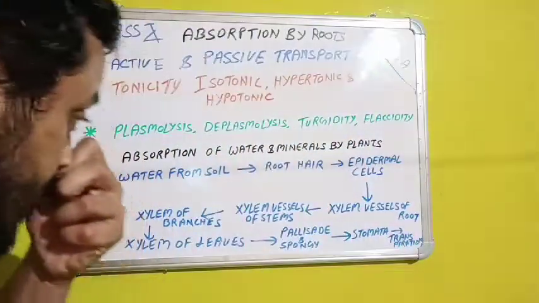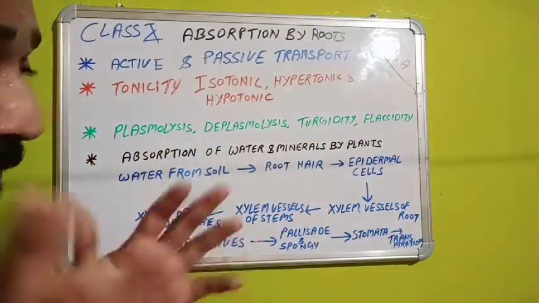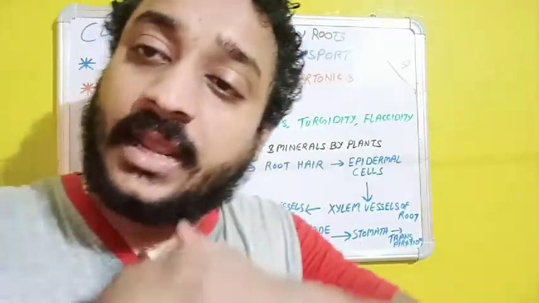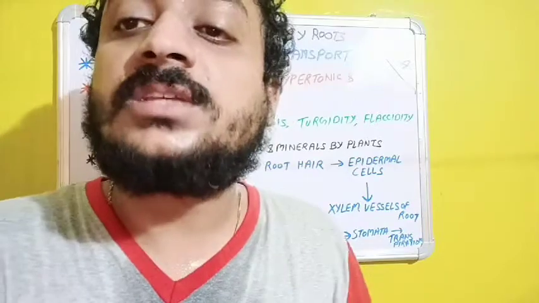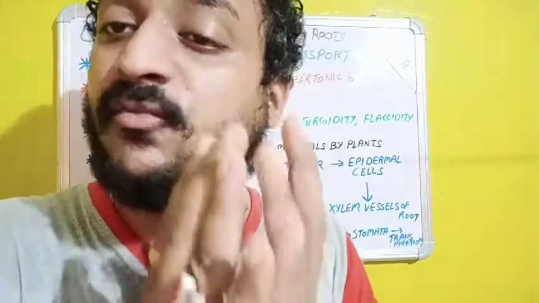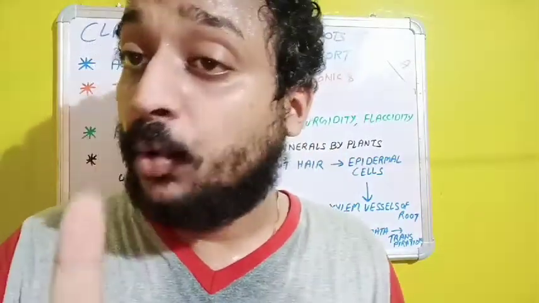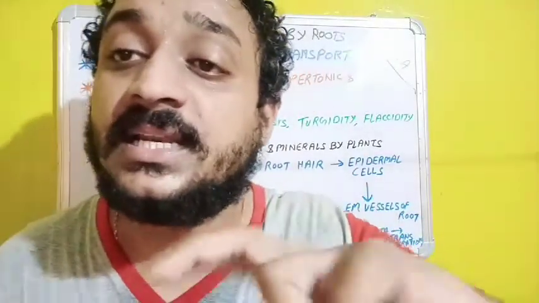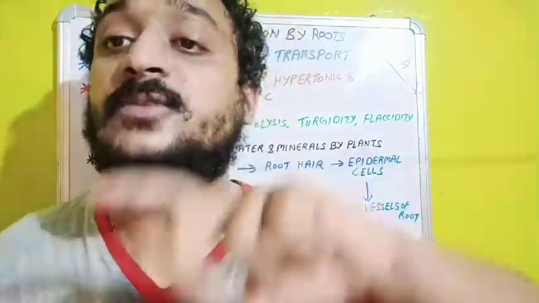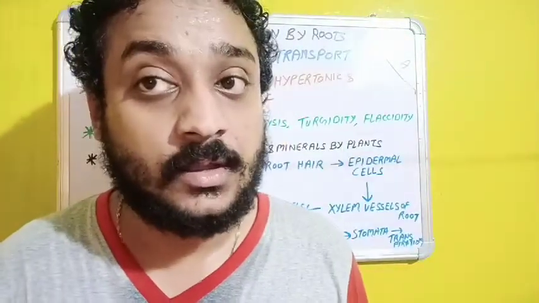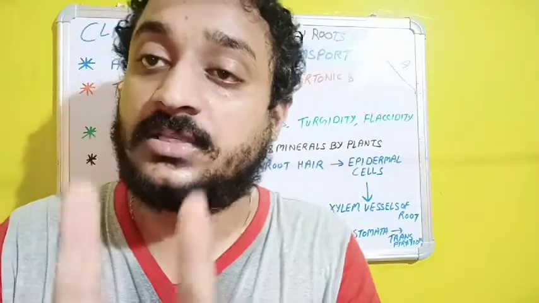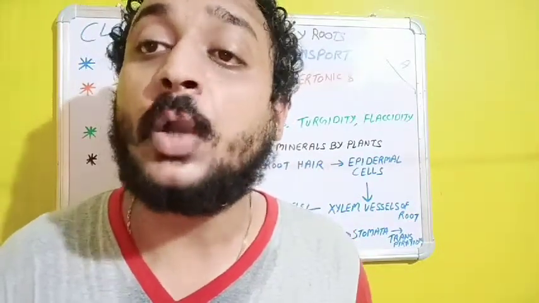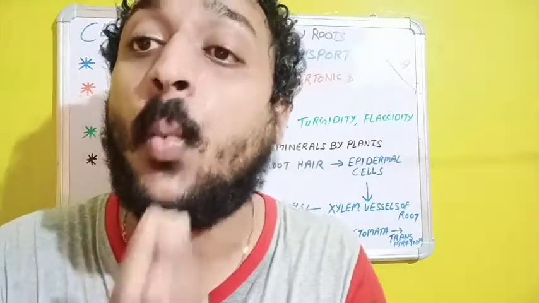So what happens once the metabolic activity is taking place? The more the metabolic activity in the plant, the more the solute concentration increases, because food and energy in the plant are both considered solutes. Once the solute concentration increases in terms of food or energy, the plant will try to absorb more and more water.